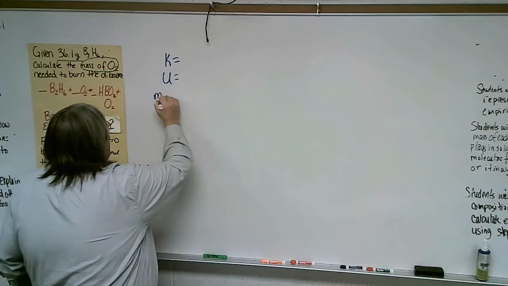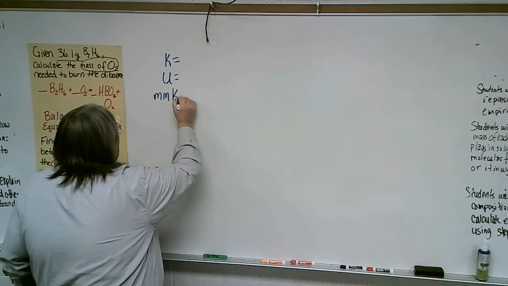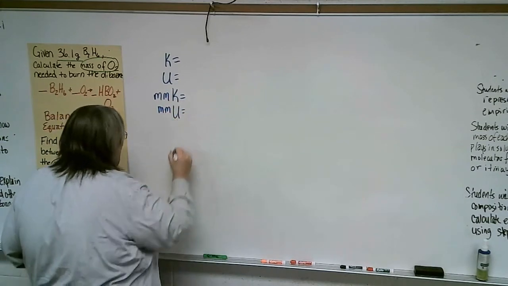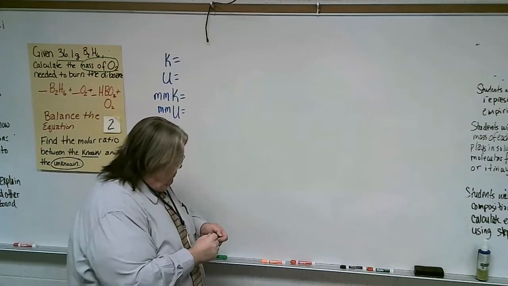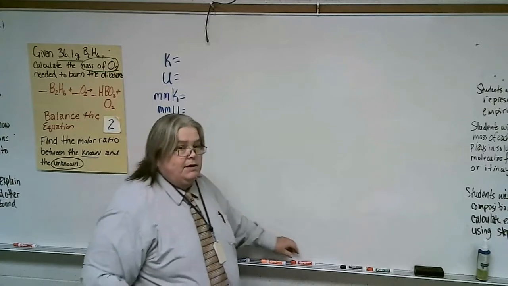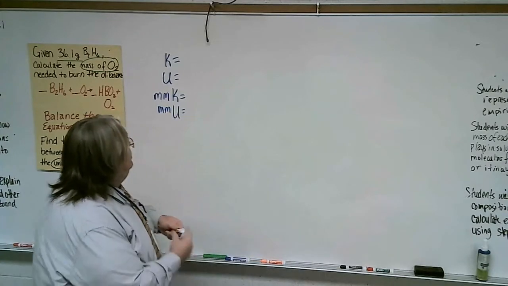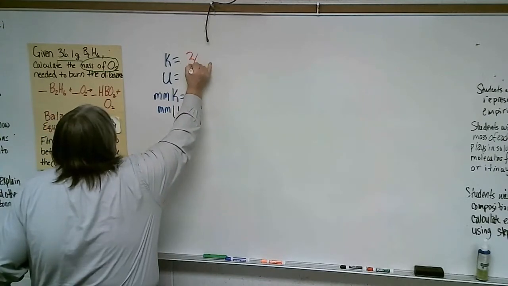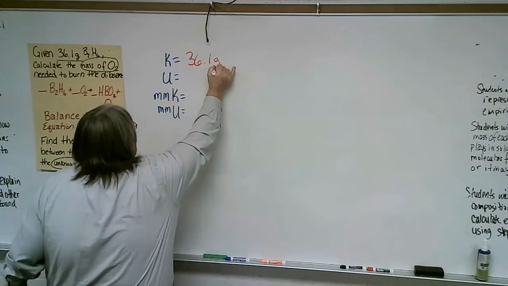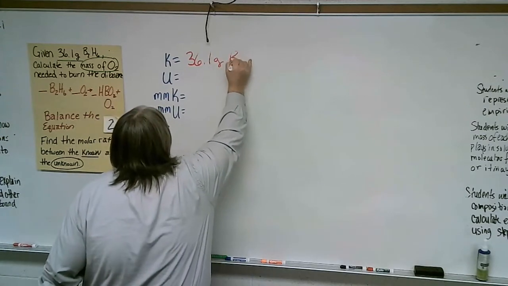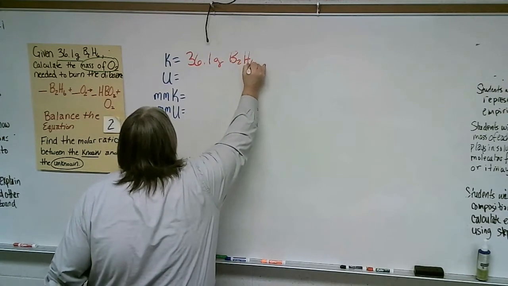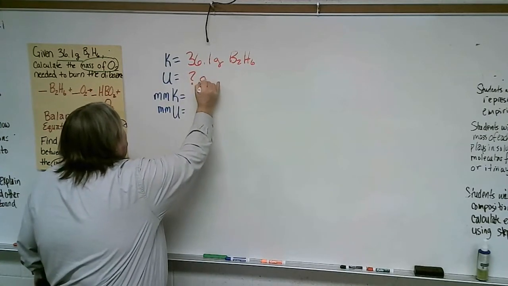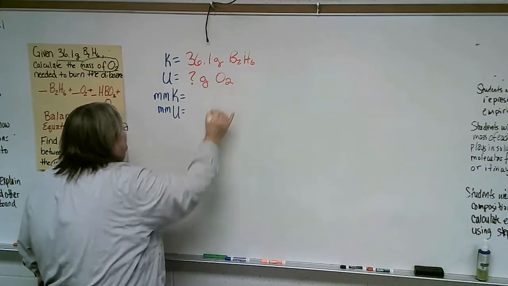So we need the molar mass of K, and we need the molar mass of U. If we look at our statement, this is going to be 36.1 grams of B2H6, and we're looking for the grams of oxygen.